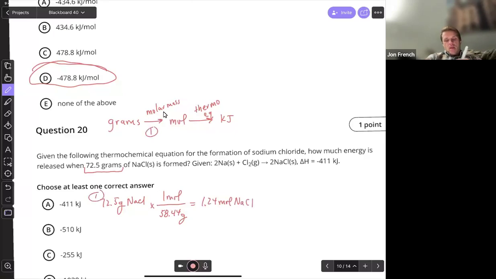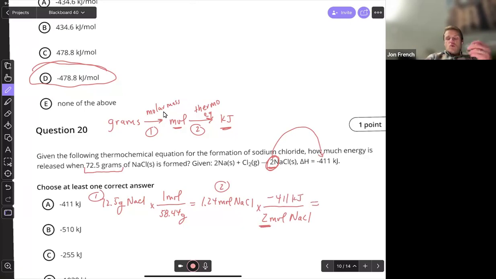All right, step 2, we've got to link moles to energy. For that, I need the thermochemical equation, which tells me for every 2 moles of sodium chloride made, I'm going to release 411 kilojoules of energy. So 2 moles of NaCl and 411 kilojoules of energy.